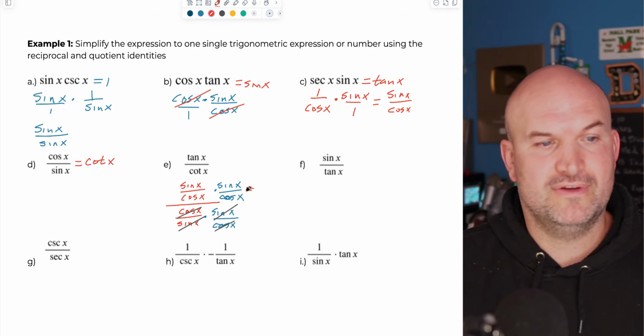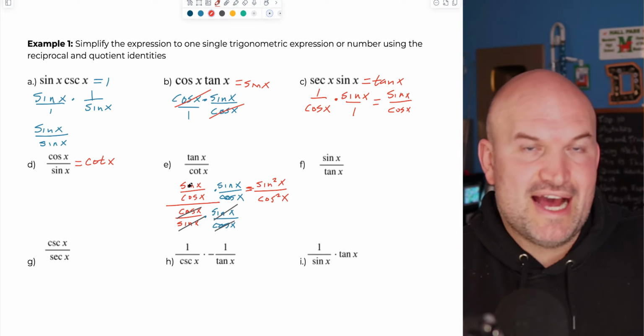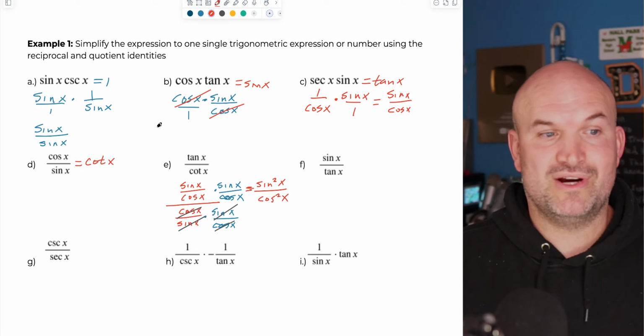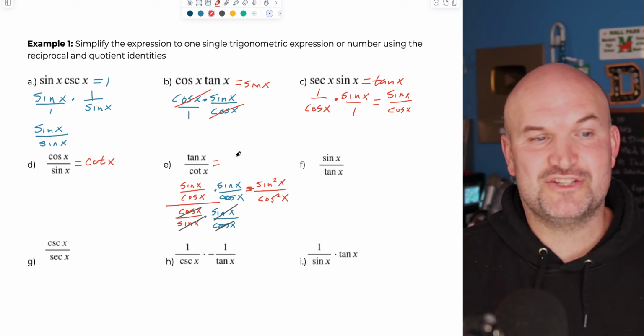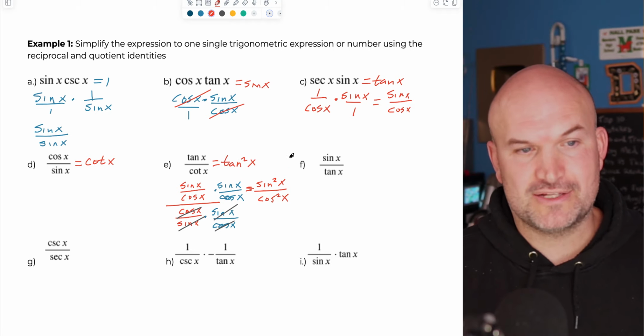So what we have is a sine squared of x all over a cosine squared of x. Now, you might see that simplified there, but remember, if sine over cosine is tangent, then sine squared over cosine squared is going to be a tangent squared. So that will be a tangent squared of x.